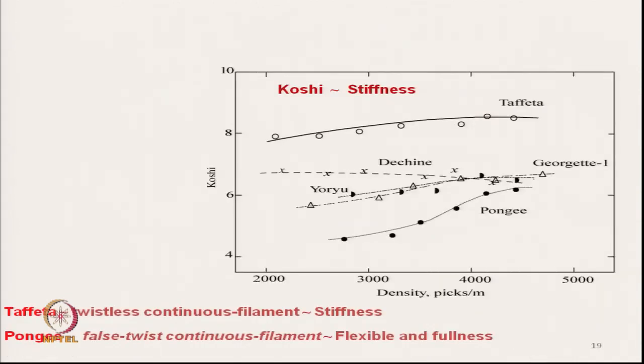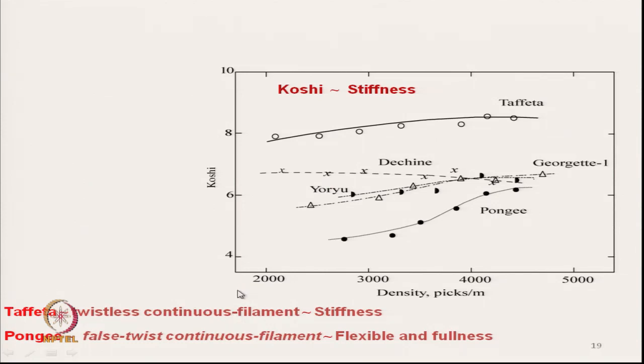Now, the term is koshi in the Kawabata evaluation tester, which is the stiffness of fabric. Here we have compared with the fabric without twist, like taffeta, which is made of continuous filament without twist.